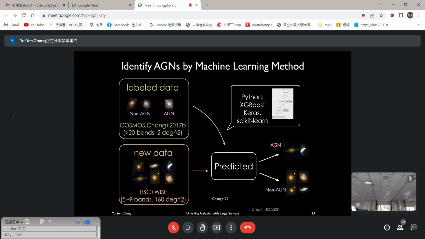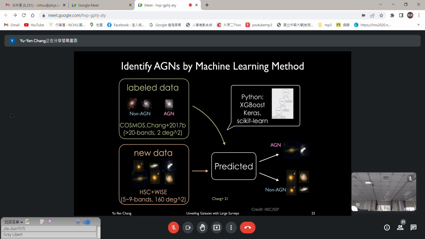We have some labeled data in the COSMOS field in the upper left part, as you can see. We already identified AGNs and non-AGNs in a deep region. Before, we needed lots of information, more than 20 bands, to distinguish AGNs from non-AGNs.